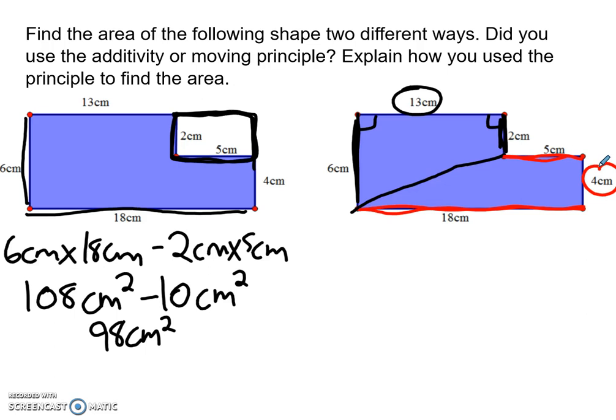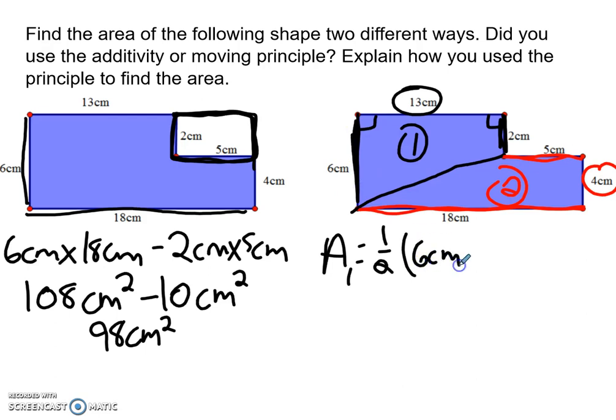So I'll start with the first one. I may have to do these one line at a time. So I'm going to call this one number 1, and I'm going to call this number 2. So the area of 1 is going to equal 1/2 base 1, we'll call the 6 centimeters, plus base 2, we'll call it 2 centimeters, times the height, and again that's the piece that connects our two bases, it's 13 centimeters.